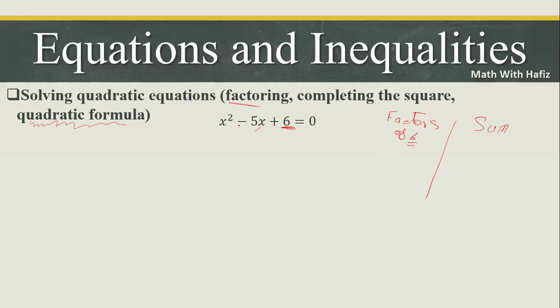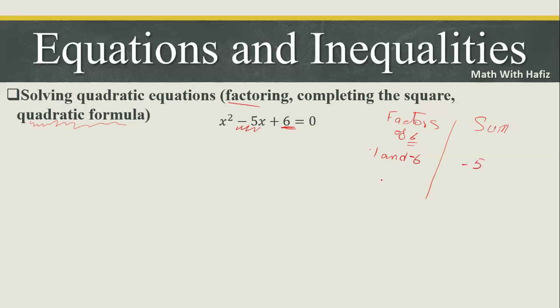The factors which will give you -5, and you will add or subtract them depending on the value. So we have 1 and 6, and we need a negative value. So it means we need a negative value when you subtract them. So -6 plus 1 is -5.